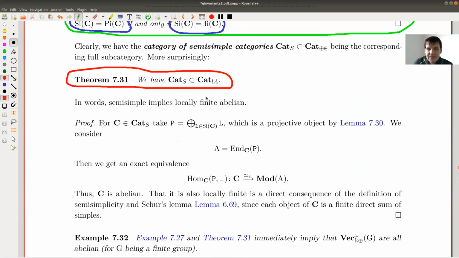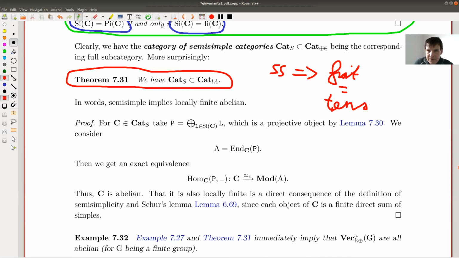And then it's not really hard to prove anymore that semi-simple is a special case of abelian. So this theorem is basically saying that those two different notions have an intersection where they are really the same.